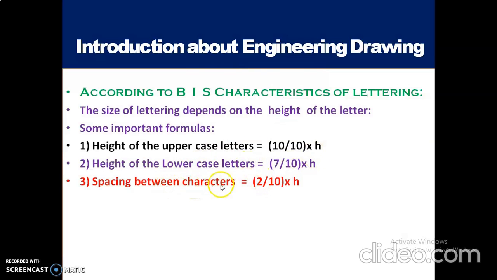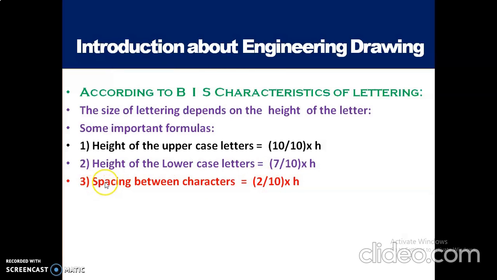Spacing between two characters, from one character to another, should be 2 by 10 into H. If you take H value 10, the 10 gets cancelled, and 2 means 2 mm. The spacing between two letters should be 2 mm. So the distance between S and P should be 2 mm.